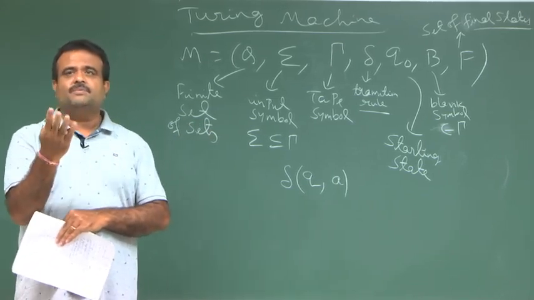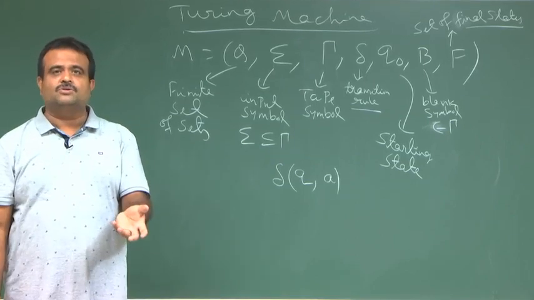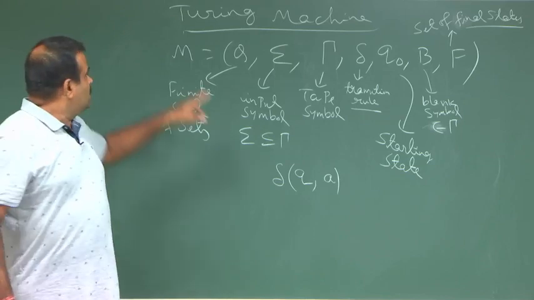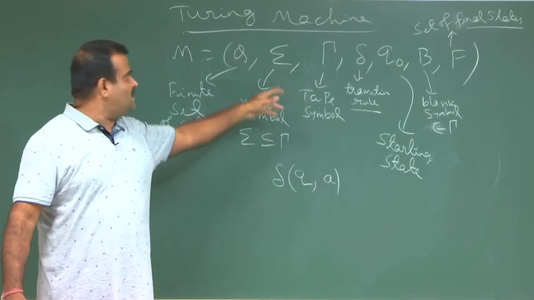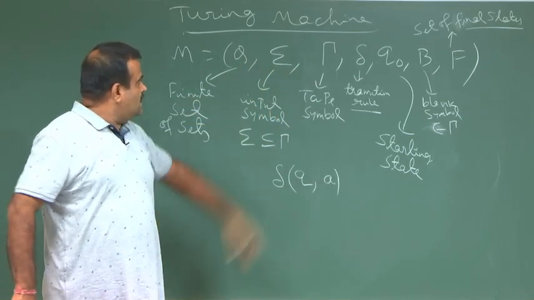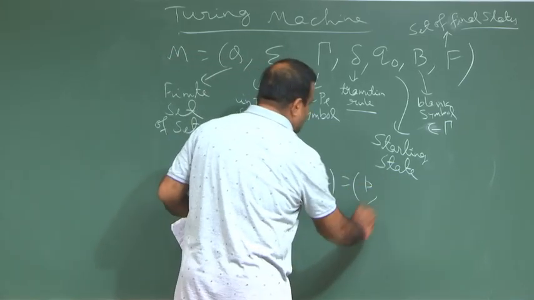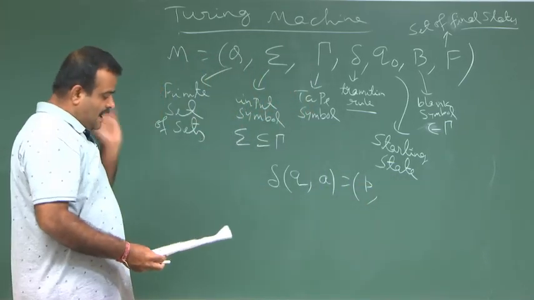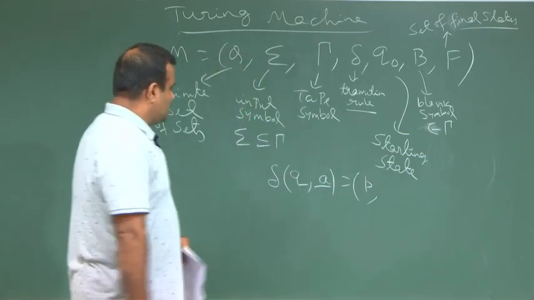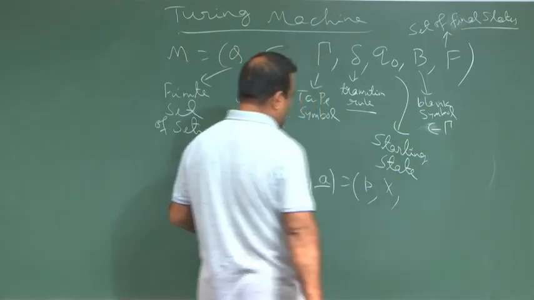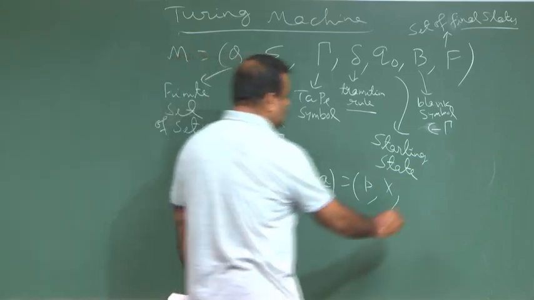It must be a tape symbol; it could be an input symbol, it could be a blank also, or a non-input symbol. Then it goes to some other state p, maybe the same state, and this symbol will be replaced by some new symbol, say x, and the tape head will go either left or right.